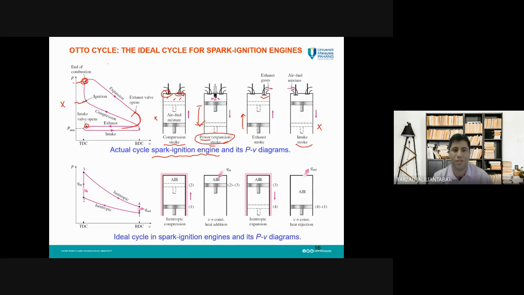So the pressure will be constant, but the volume will reduce to go to its initial state. By this graph, you can see how these four strokes are happening inside the cylinder and how we can illustrate these four different strokes in the cylinder.